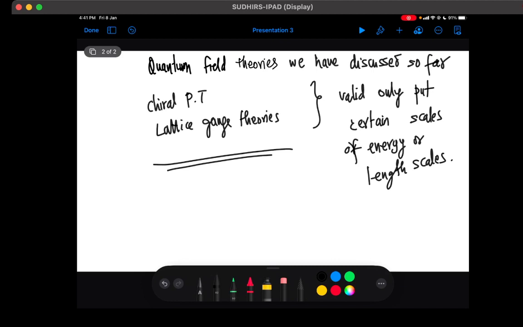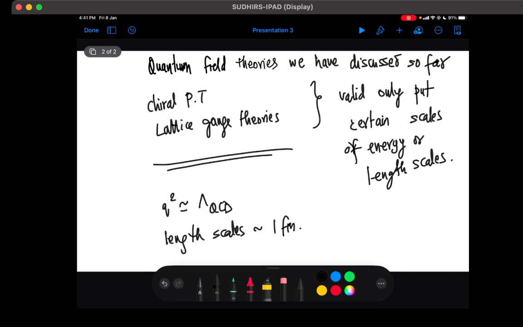In this case, these theories are for Q square around Lambda QCD, or length scales around a Fermi, a bit smaller than a Fermi or so.